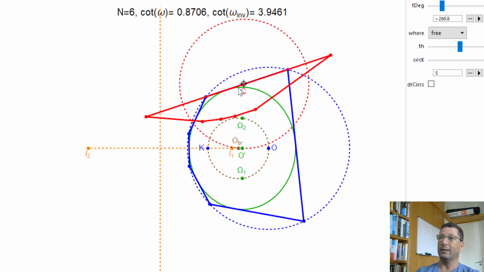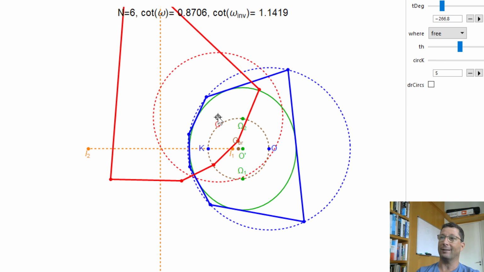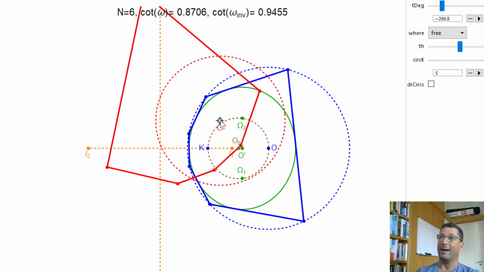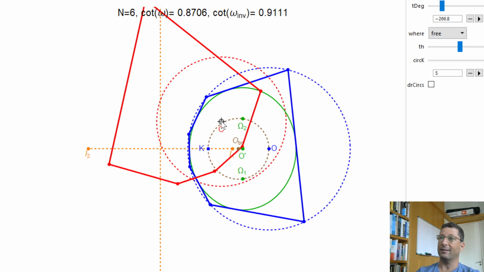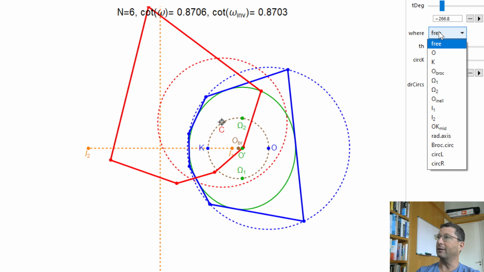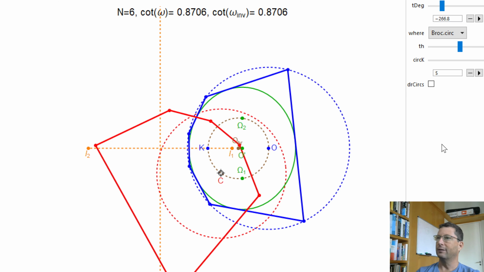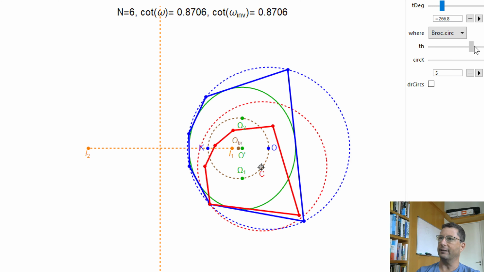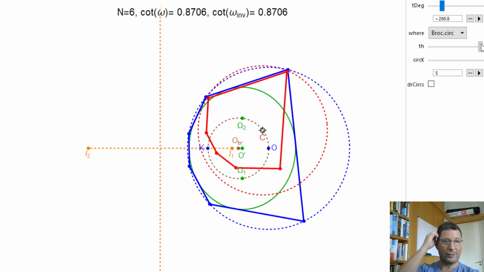But as I move C closer and closer to the Brocard circle of the original family, I'm approaching the cotangent of the Brocard angle of the original family. And in fact, if C is on the Brocard circle and slides over it, since the Brocard circle is in the pencil, I already know that I'm going to have a constant inversive Brocard angle.